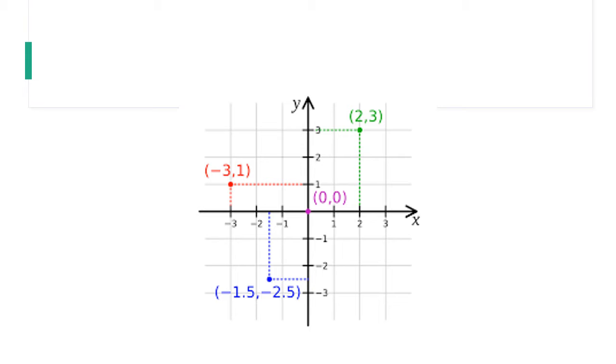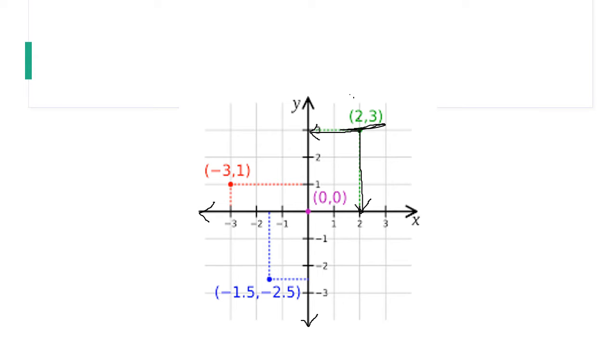Okay, now what we are actually supposed to do here is look for the x and y coordinates, which means what? See here, suppose I'm drawing this point 2 comma 3. Now what is this 2 comma 3 representing? 2 represents its distance, its value on the x-axis, whereas 3 denotes its value on the y-axis.